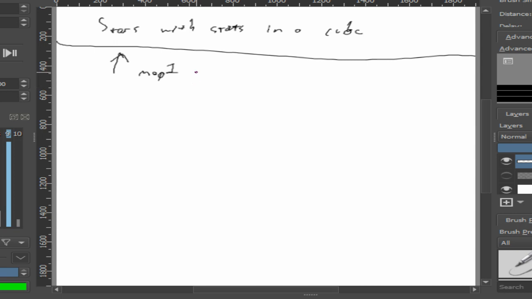And then for each star, it gets that star's name. It gets the rest of its stats, its position in space, and along with this, it gets the player's position and rotation in space. With this data, it then puts it into a JSON file.